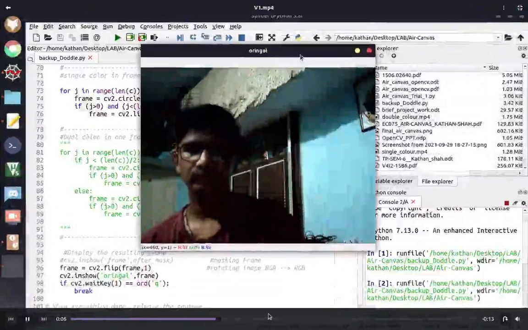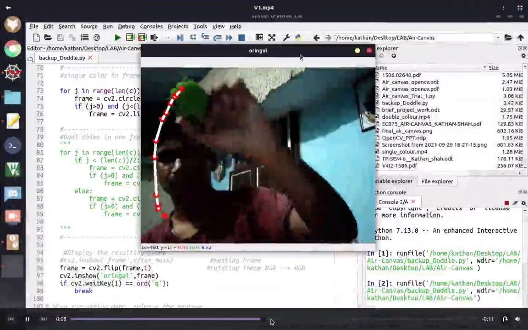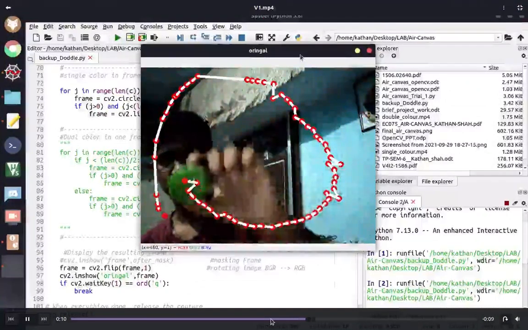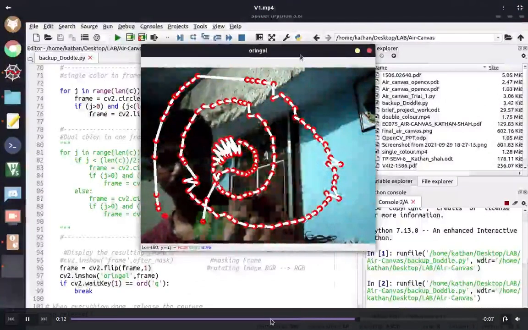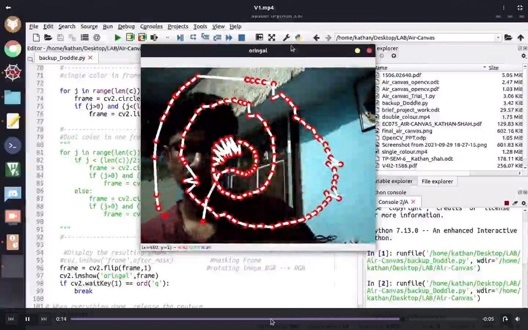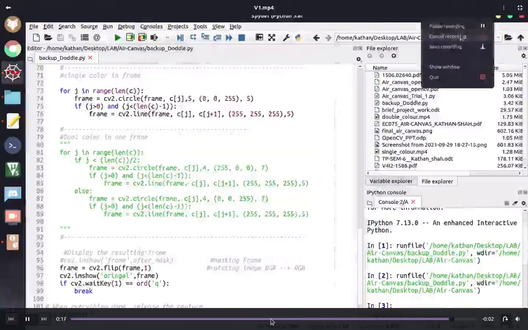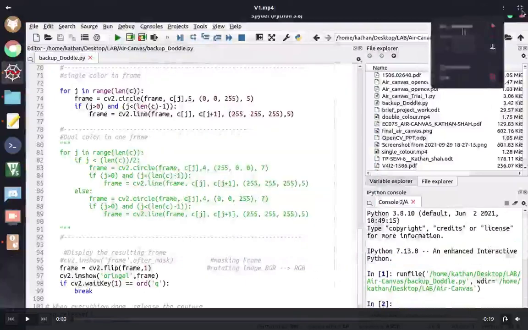There is an interpolation between the points which are detected for a continuous plotting, right? That also can be done with the OpenCV API, which is a basic interpolation between the detected points.